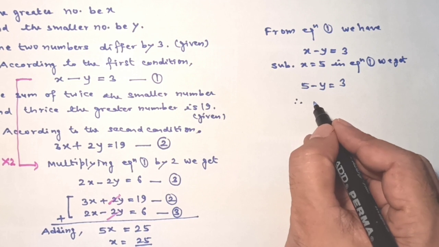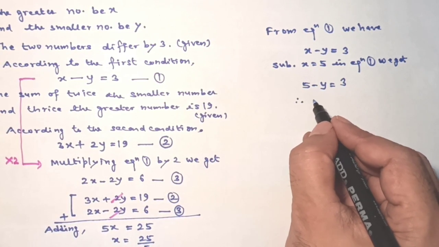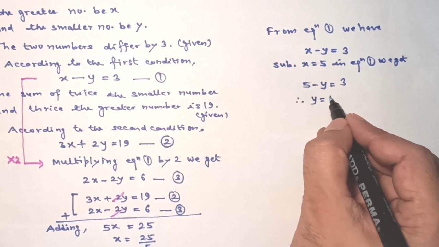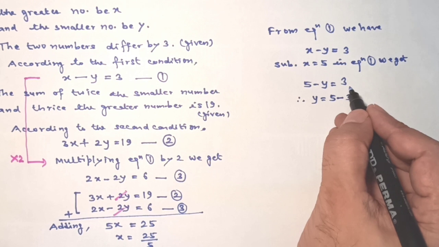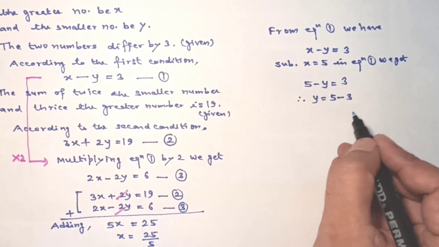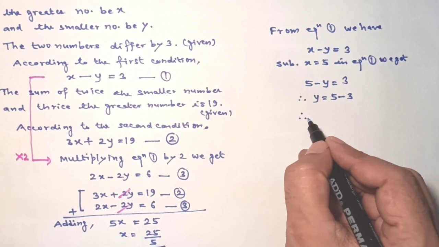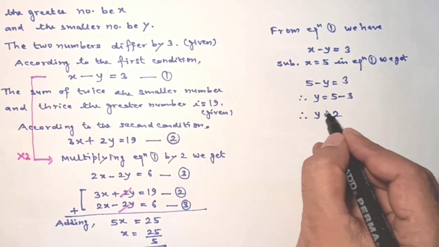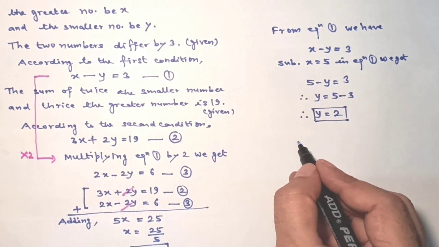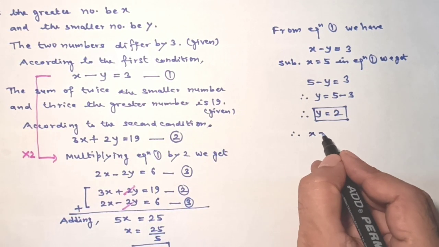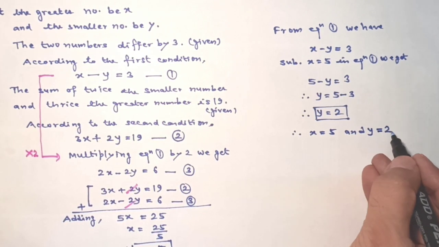Therefore you will get y is equal to 5 minus 3. This y goes this side, becomes plus, and this 3 comes this side, becomes minus. So y is equal to 5 minus 3. Therefore y is equal to 2. Thus you got x is equal to 5 and y is equal to 2.